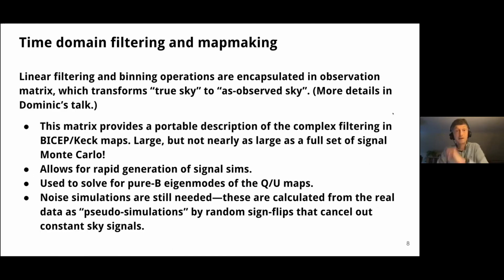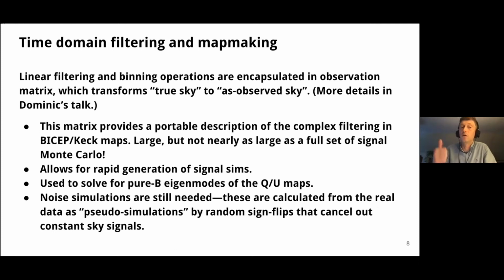However, an important part of our analysis pipeline is that in the process of this filtering and map making, we build up what we refer to as an observation matrix. Dominic's going to talk about it in a lot more detail. That's the matrix that encodes all of the linear operations that take us from the true sky to the sky as observed by one of these instruments.